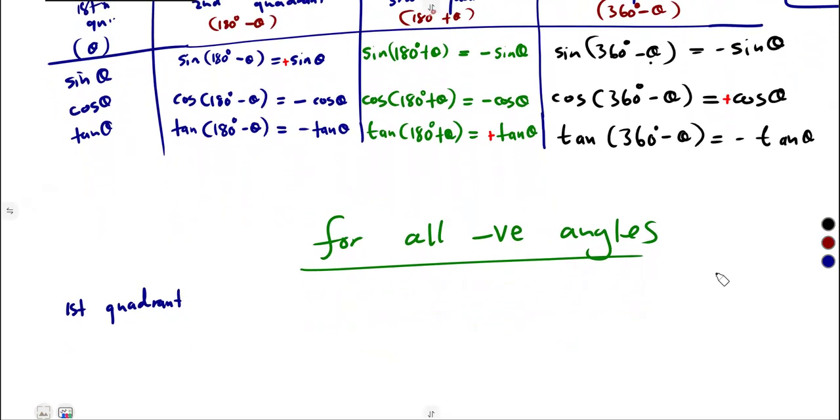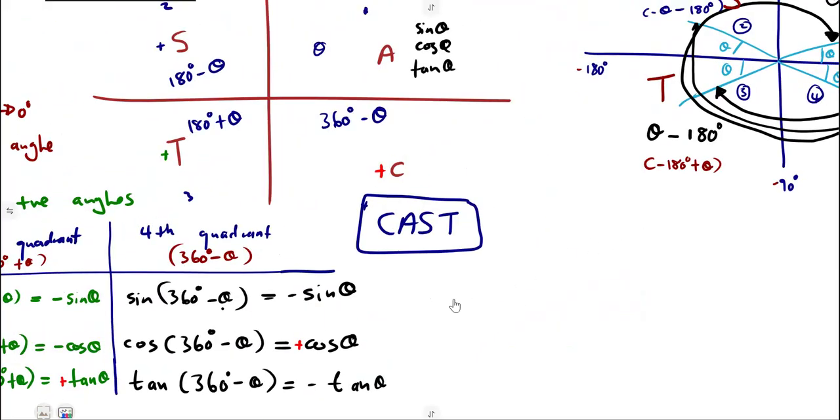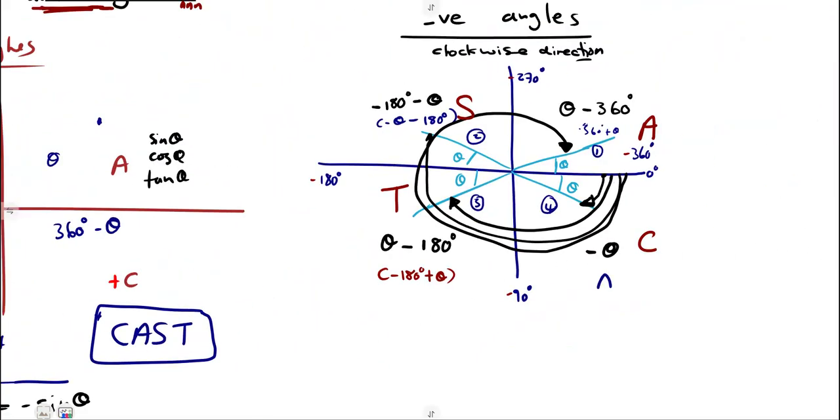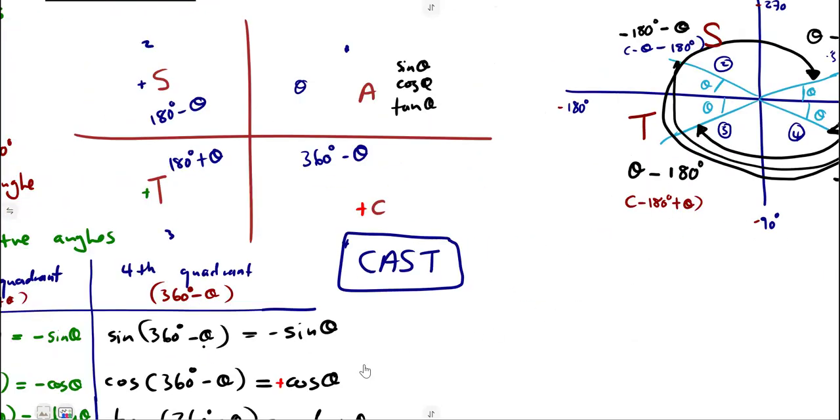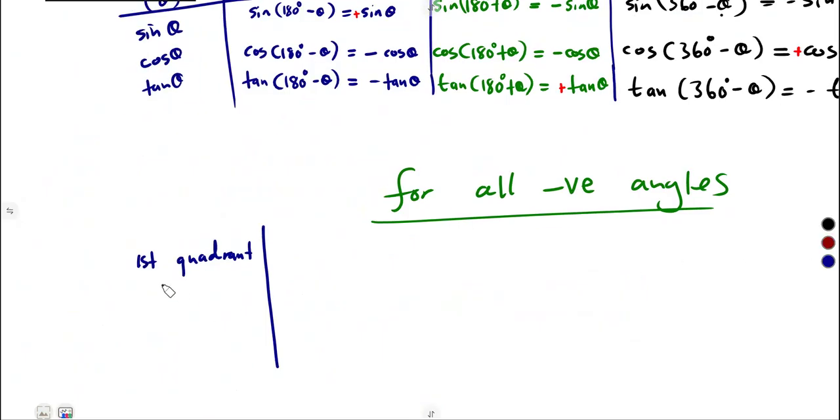The first quadrant. In the first quadrant, which angle is it that we have when we are dealing with the negative angles? Theta minus 360 degrees. Remember that. Theta minus 360. That is our angle there. All right. Then we also consider the second quadrant.